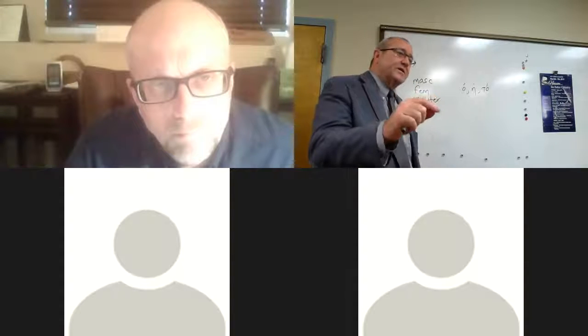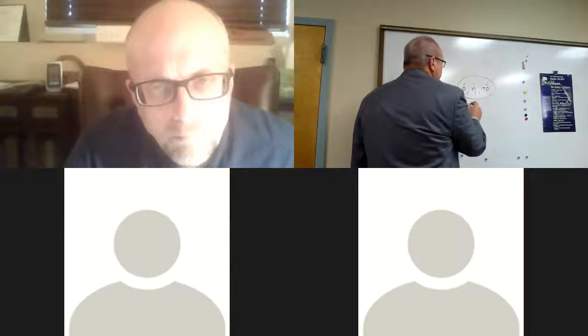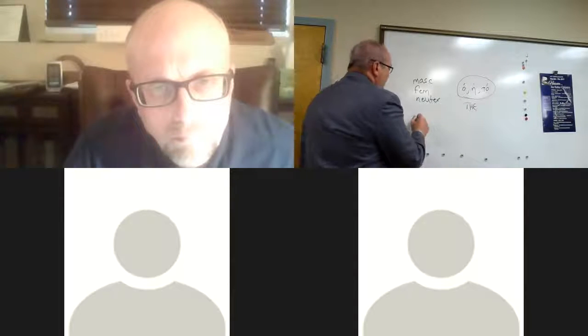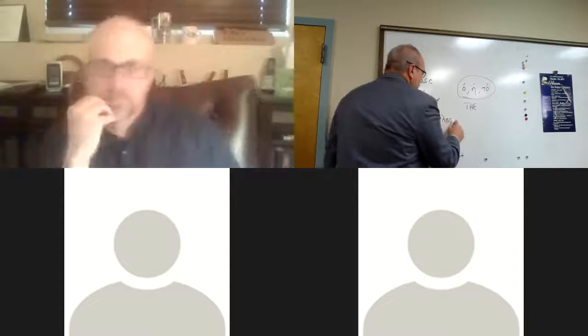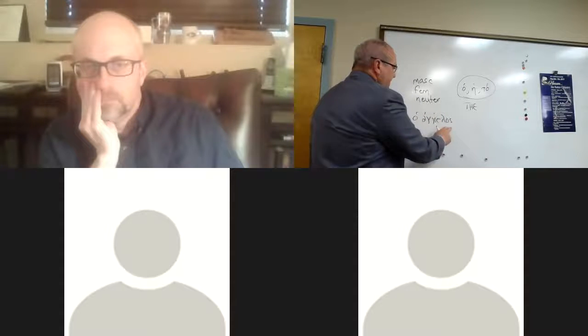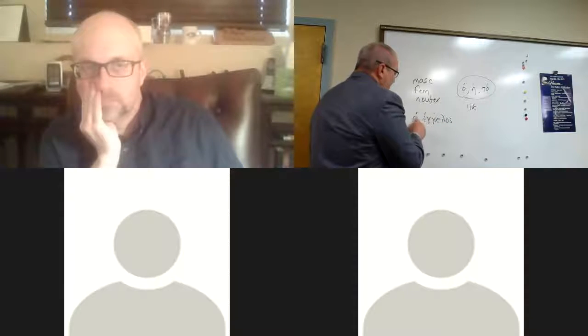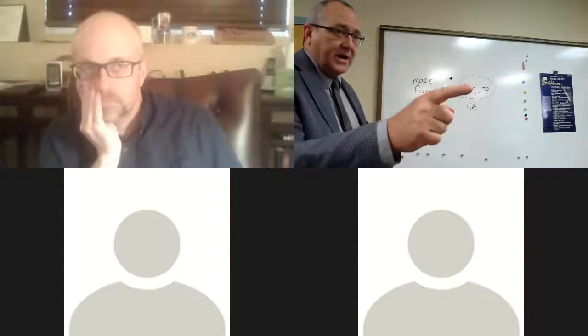So you could always tell whether it is a masculine, feminine, or neuter noun because of this. This is the article. So if you see ho angelos, you would know that this is a masculine noun, and if that ho is there in front of it, you would say the angel. The angel.